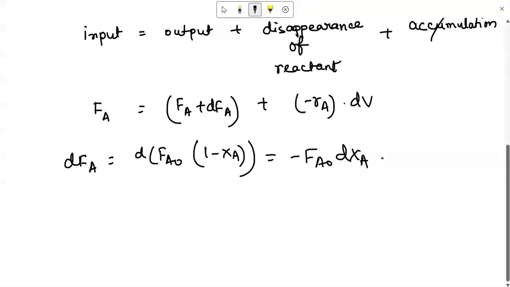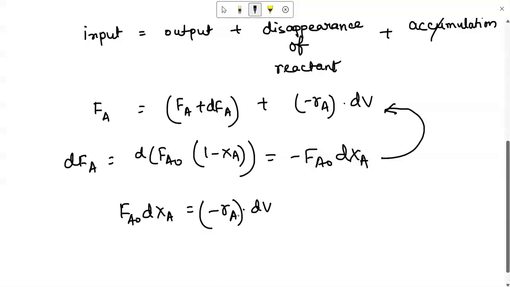Therefore, if you replace this in the equation, you will get FA0 dXA equals minus rA dV, where minus rA is the rate equation. This is the equation which accounts for the reactant A in the differential section dV. For the whole reactor you have to simply integrate this.